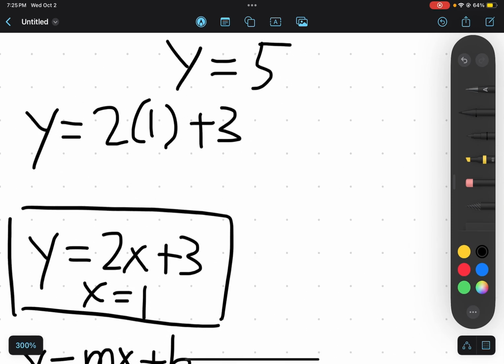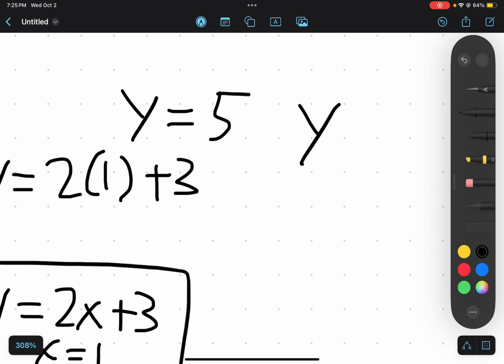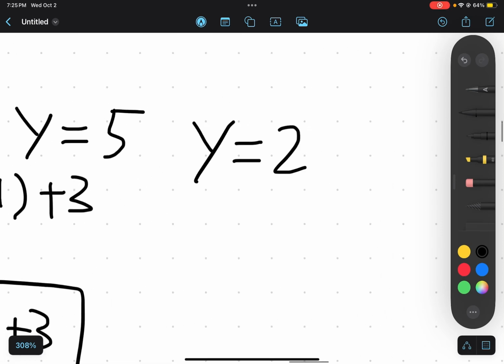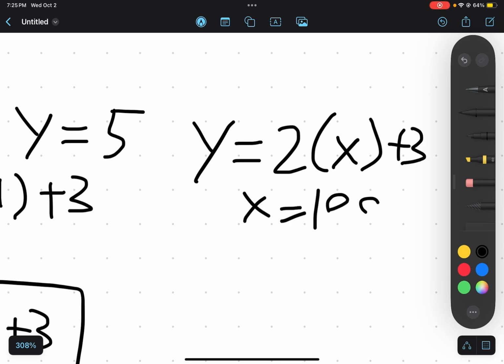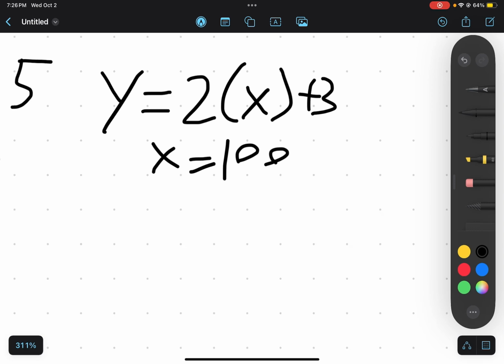But x can go on to infinity, so you can plug in numbers such as 100. Let's try this one out. Y equals 2x plus 3, where x is equal to 100. I'll give you a few seconds to try it out. Okay, let's go over it.